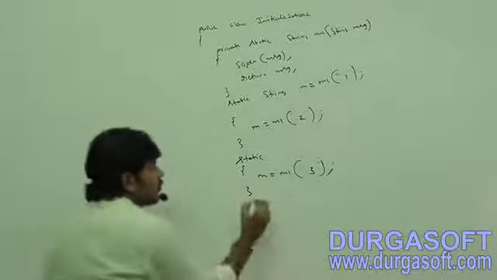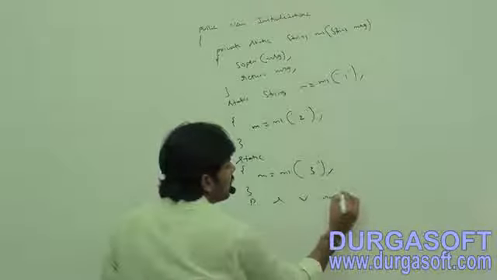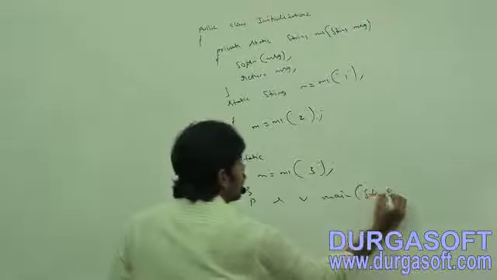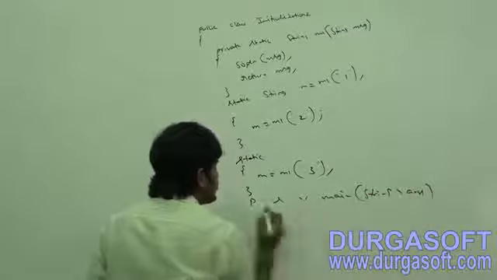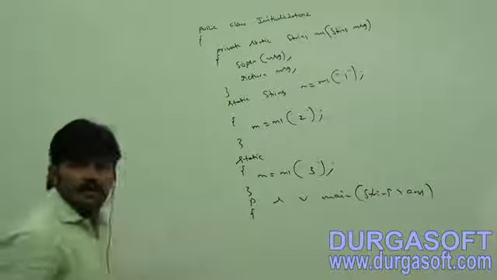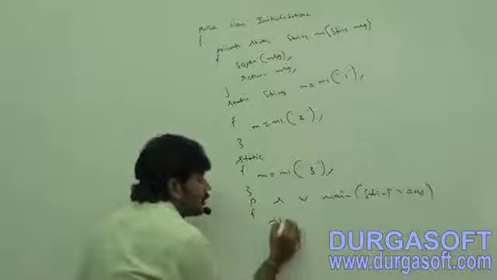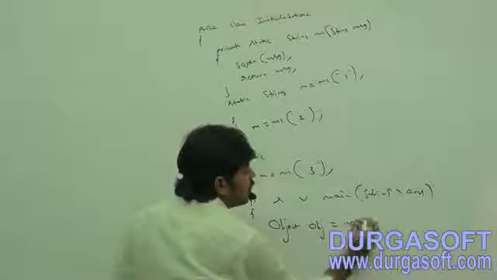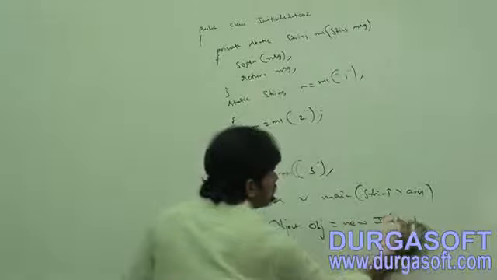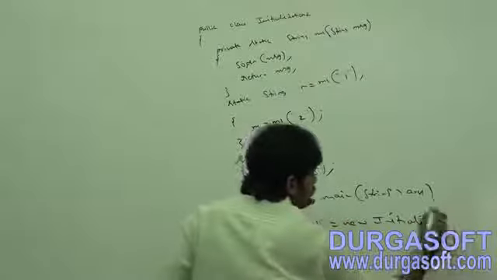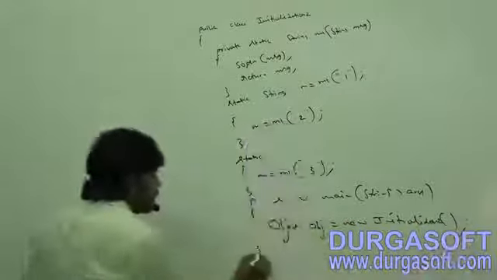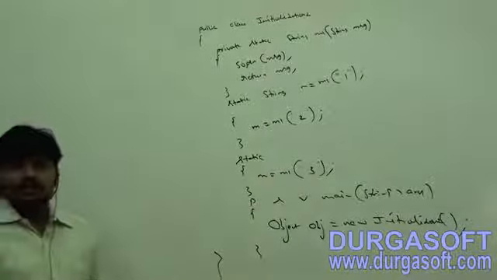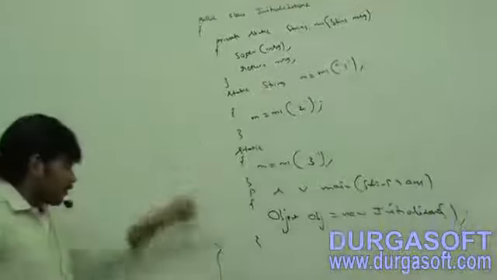And then public static void main string array args. Now I have to take an object: obj is equal to new initialization2. That's all, simple code. Can you tell what is the first step?